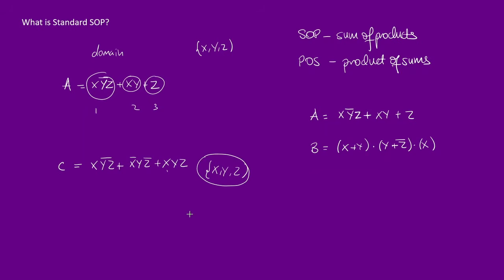It doesn't matter whether it is X or not X, or Y or not Y. As long as it has the primary form in each of these, then it's going to be standard SOP.